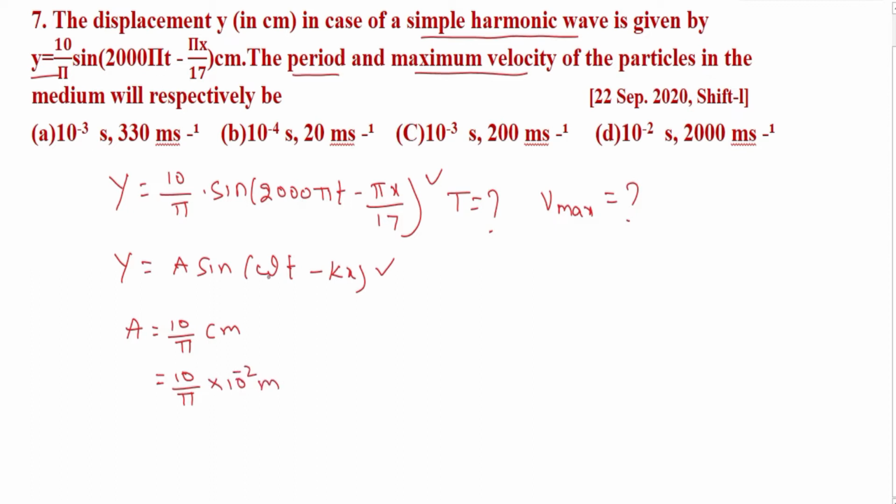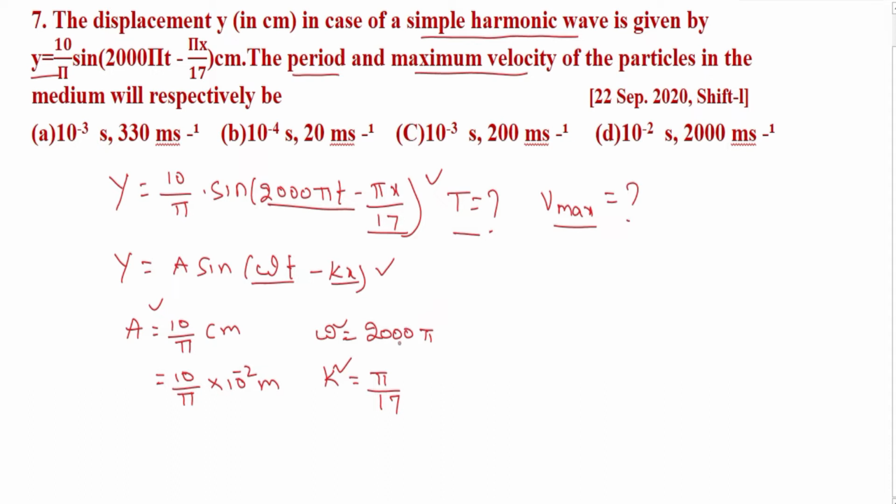Instead of omega we can write 2000 pi, and similarly, instead of k we can write pi by 17. Now, taking these as inputs, you have to calculate maximum velocity V max and time period.